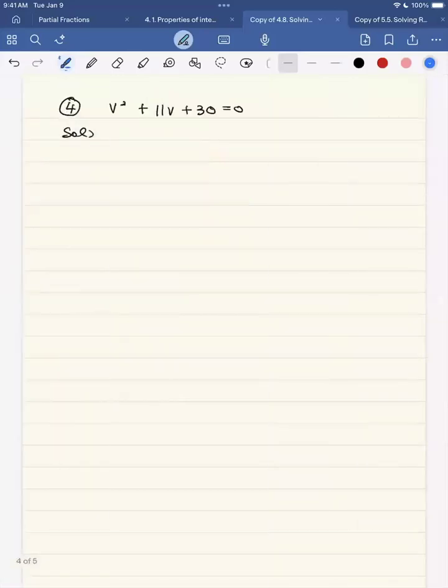The next problem is a similar pattern. There is no number in front of V squared. So we figure out two numbers whose multiplication becomes 30 and whose addition becomes 11. 5 times 6 will make that possible.